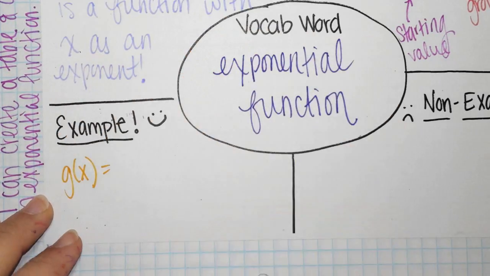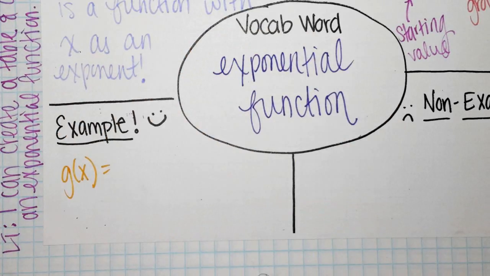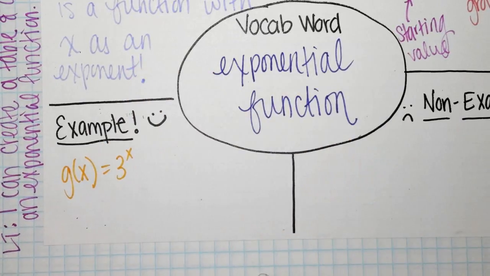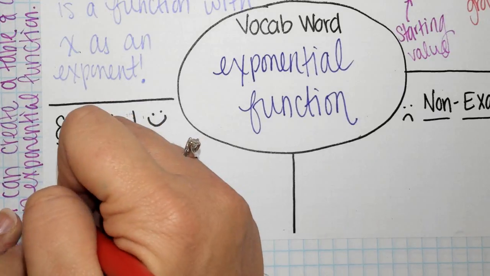Alright, so what would be an example of an exponential function? G of x equals what? Give me any example. So it's 3 to the x. Is that a growth or a decay? Growth. Alright, take a point, Cheney. Who can raise their hand and not scream at me and give me an example of a decay? Saxon.